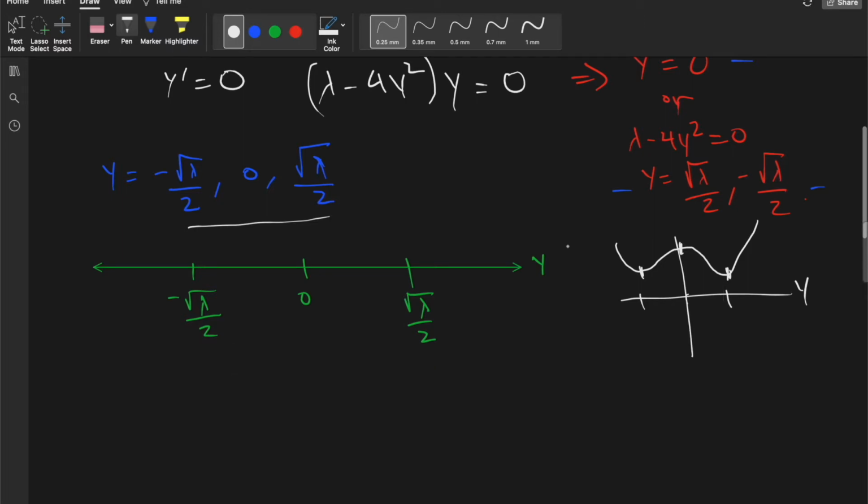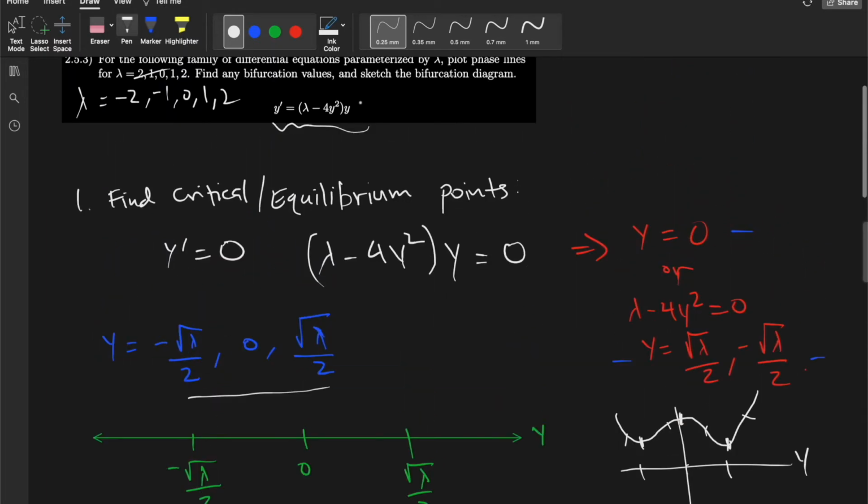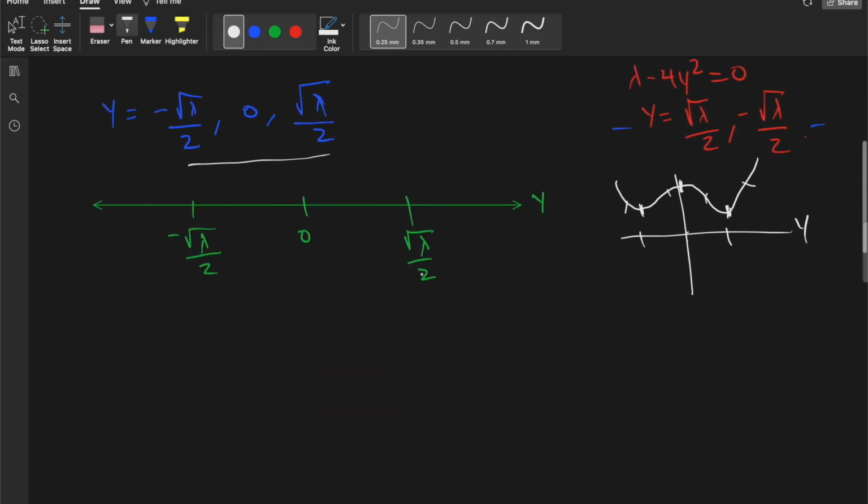We can find out what direction each of these parts are by plugging in points in between each of these ranges into our original equation, which is y prime equals lambda minus 4y squared times y. For example, say lambda is equal to negative 2, negative 1, 0, 1, or 2. If lambda is negative, we can't take a square root of it, so these two critical points do not exist.